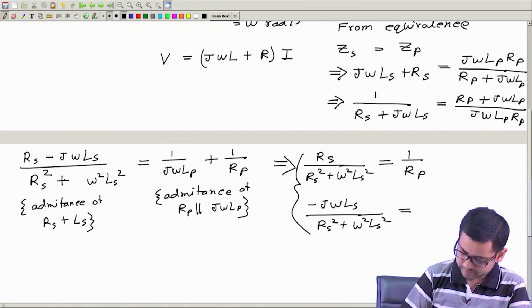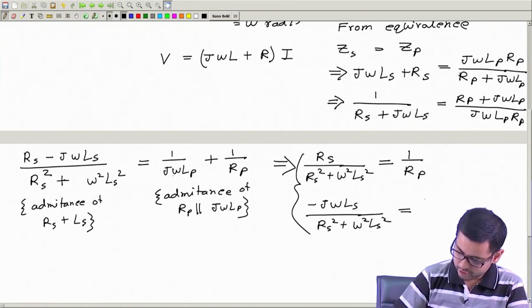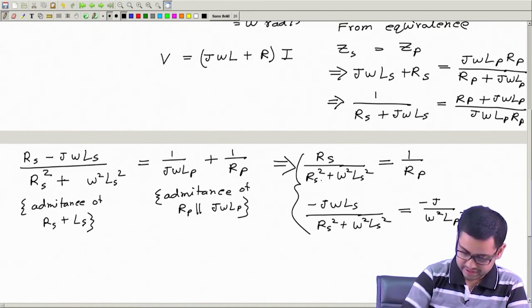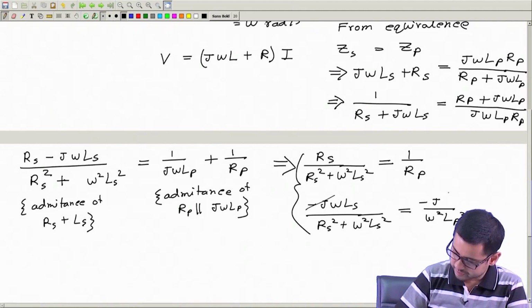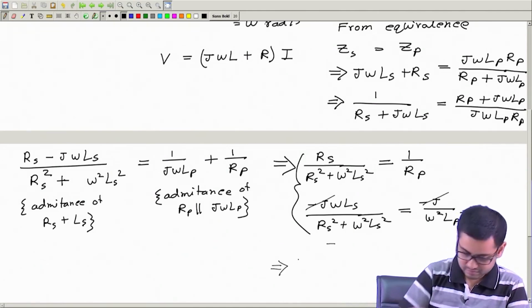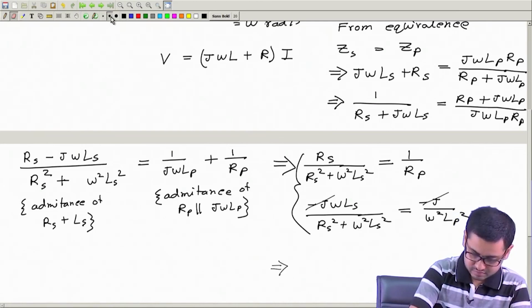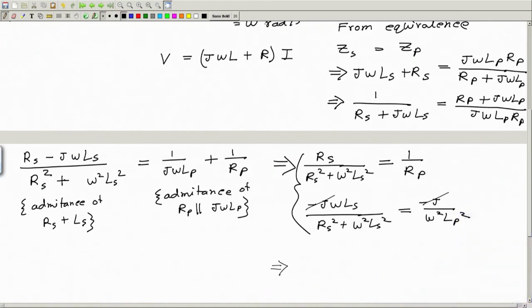This will be equal to the imaginary part here, which is 1 over j, means minus j divided by omega square Lp square. Now, this minus j and this minus j you can ignore. So, this implies actually that Rp is equal to Rs square plus omega square Ls square divided by Rs.